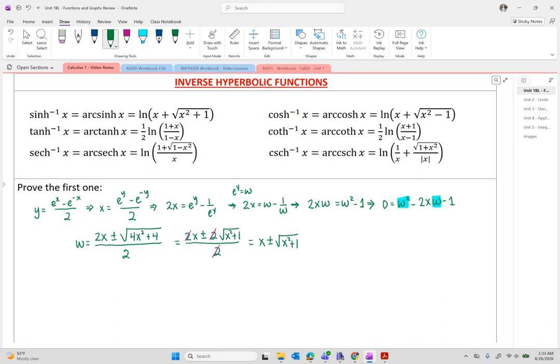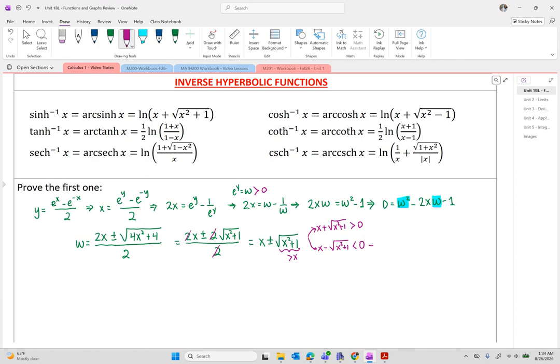And since w is a positive quantity, and the square root of x squared plus 1 is greater than x, the quantity x plus the square root of x squared plus 1 is positive, but the other solution, x minus the square root of x squared plus 1, will be a negative solution.